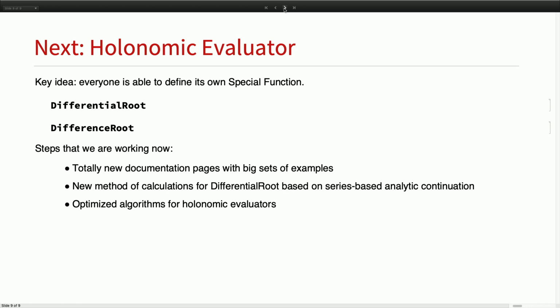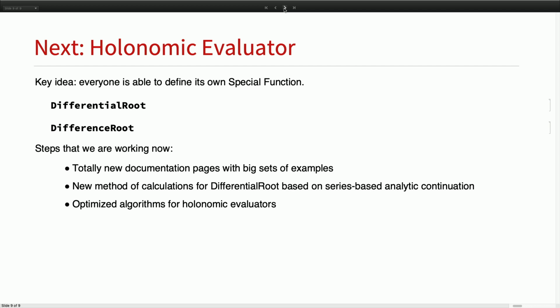OK, however, at the moment, DifferentialRoot is not using a very good scheme because it's using NDSolve. So it's using a numerical integration scheme, but it's not very good from the point of view of special functions, because in special functions theory, we have Frobenius theory that is able to construct all the solutions in power series.